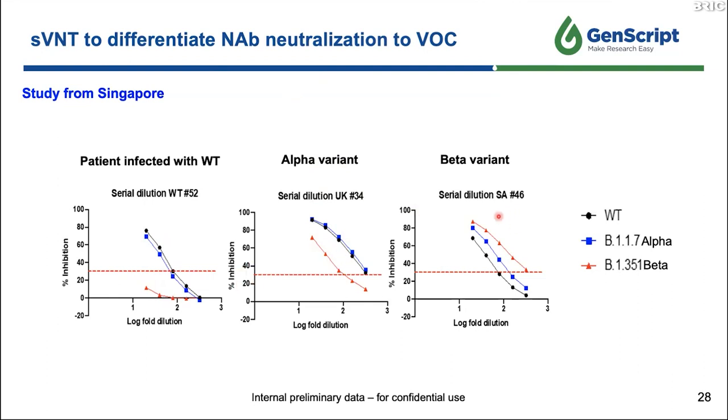And this is vice versa for samples that are infected with the beta. So this means that using the variant RBD in the SVNT, we are able to differentiate the neutralizing antibody response for samples that are infected with different variants.